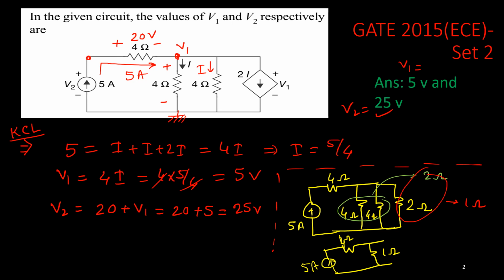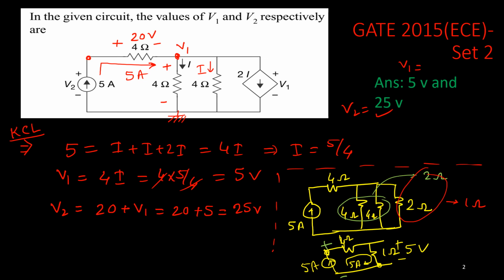What is the voltage across this one? Current 5 ampere is circulating this side. This is 5 ampere always. So the voltage across this one is I into R, 5 into 1, which is 5 volt. The voltage across these two ends, the total resistance, is 4 plus 1, which is 5 ohm. These two end potentials, this is plus and this is minus.